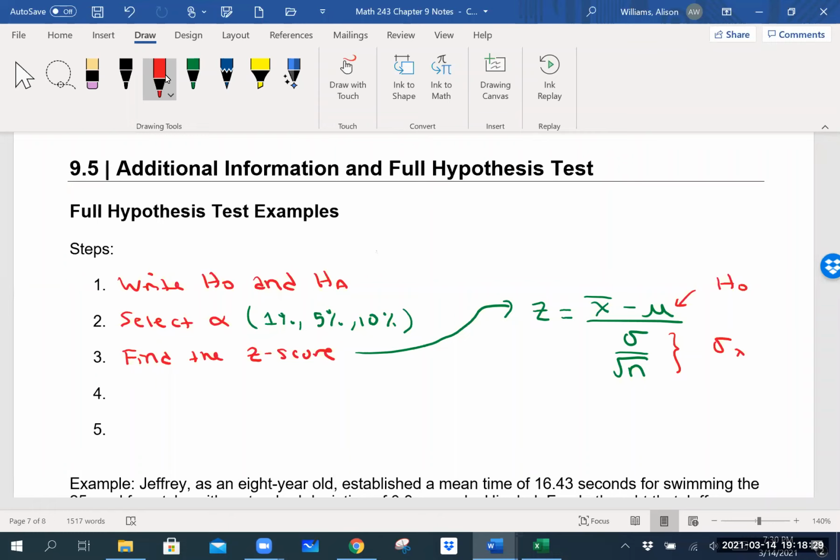All right, then we're going to find the p-value. Now, the p-value is the probability of our z-score occurring. In other words, it's the probability that our sample occurs, assuming the population mean from the null hypothesis is correct. So this is going to come from the table. So we will be using the table to get our p-value. And then we're going to compare the p-value to alpha to write our conclusion.